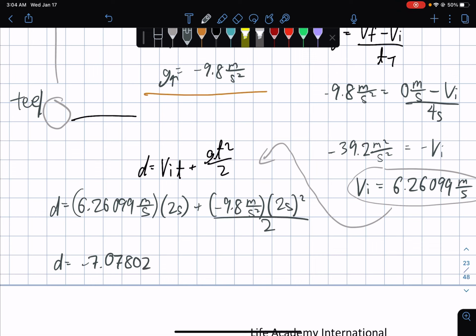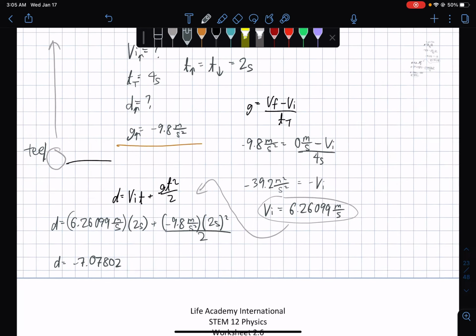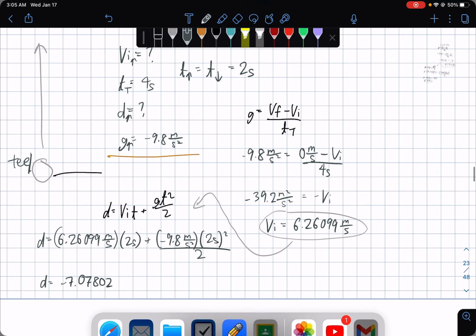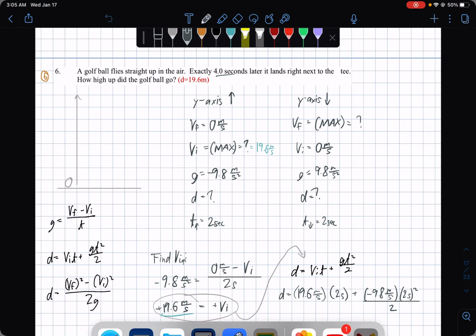Hmm, that's funny. We have a negative value. What is Rvi?